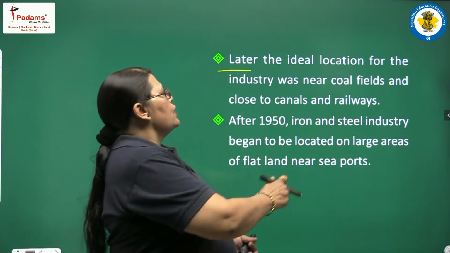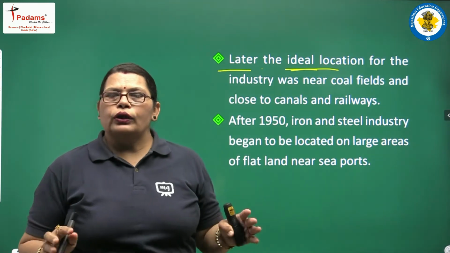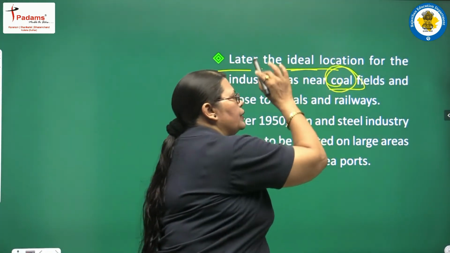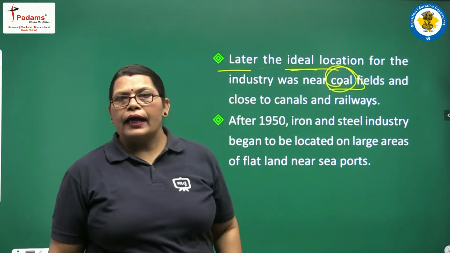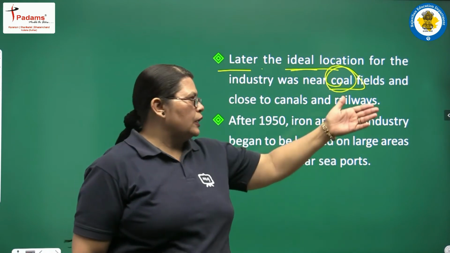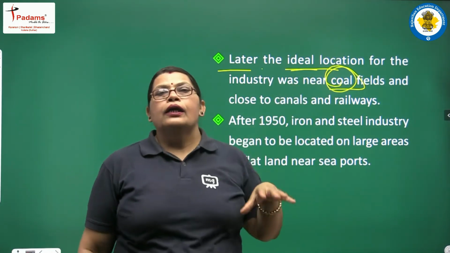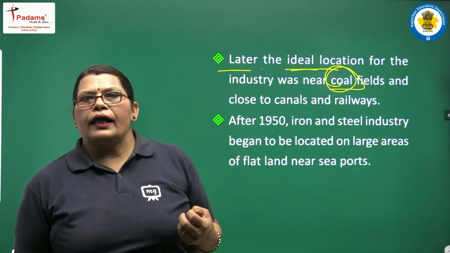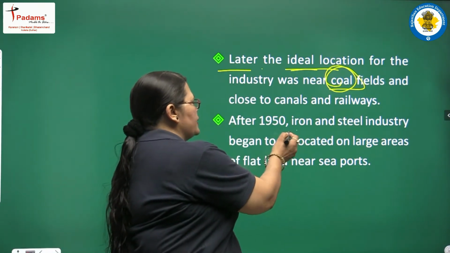But when we are talking about the ideal location, student, the ideal location for the industries was near coal fields. Yes, this one is the ideal location, and close to canals and railways. It means transportation is there, water is there, and a special thing, coal mines are also there, and only these are the ideal locations for the setup of iron and steel industries.